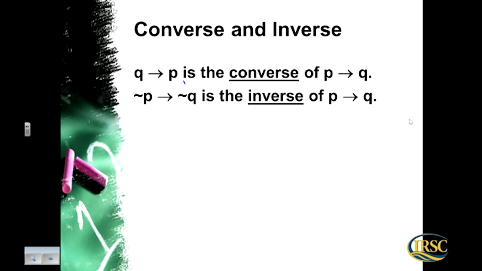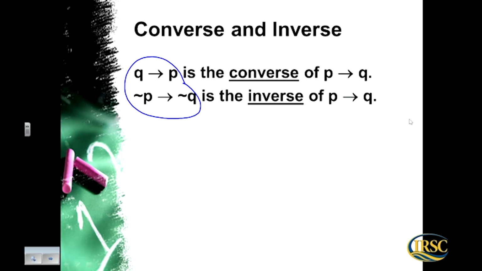But take a look at the converse when you compare it to the inverse. When you compare the converse to the inverse, what do you notice about the order? It's reversed. And then what do you notice? The negation. So if you start with the converse, you reverse both sides and negate both sides, then you have the inverse.